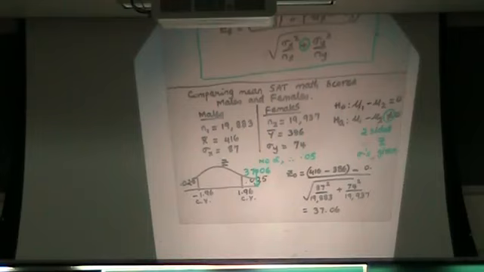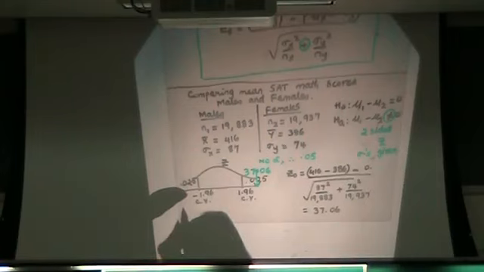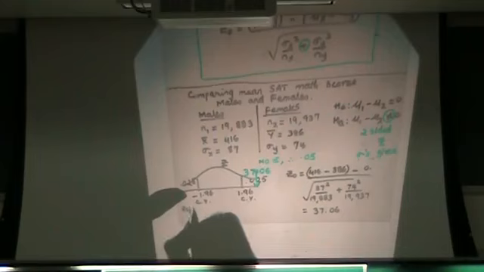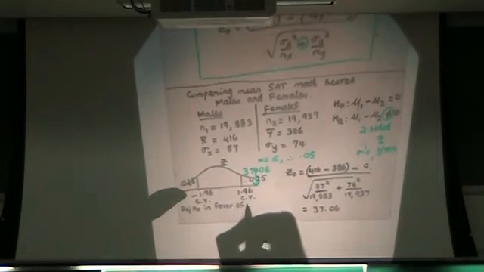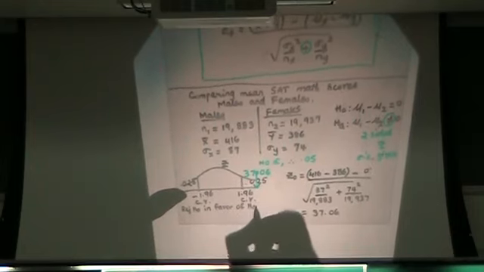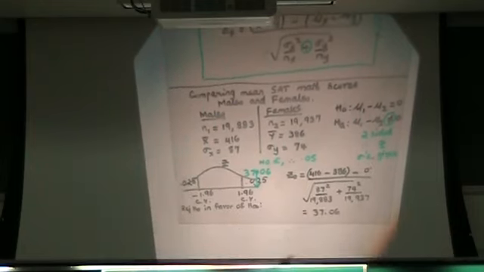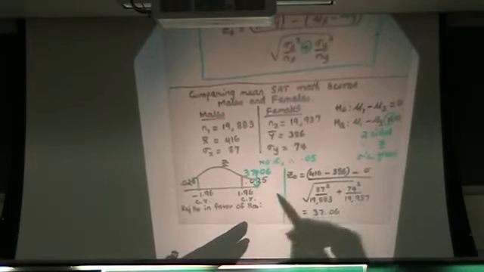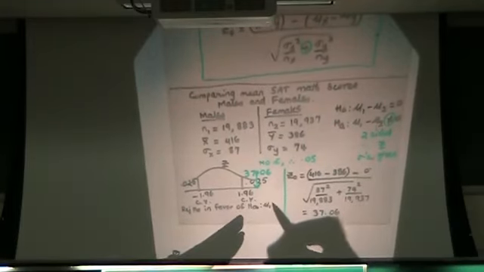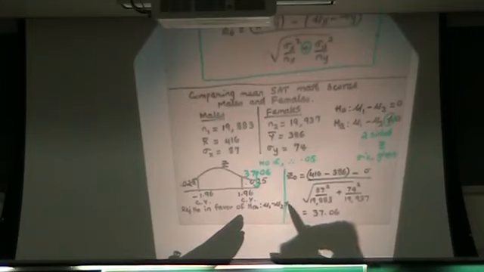So conclusion, reject H naught in favor of HA, which says that mu1 minus mu2 is not equal to 0.